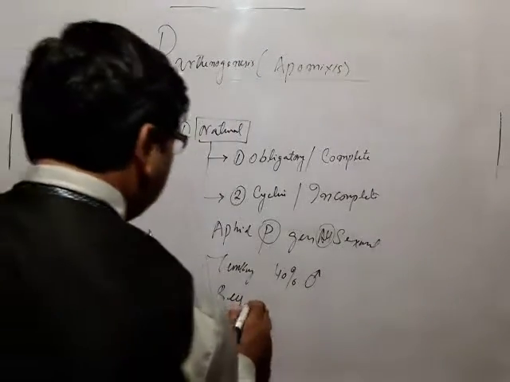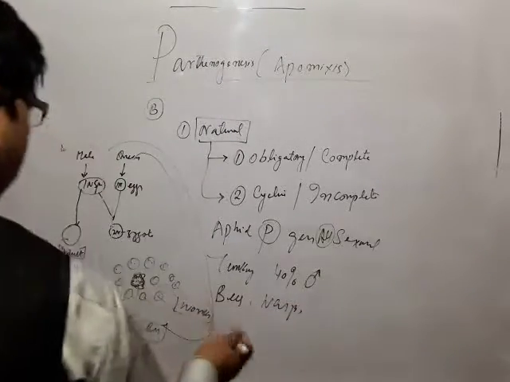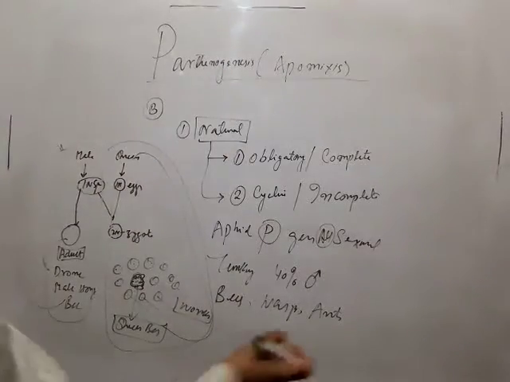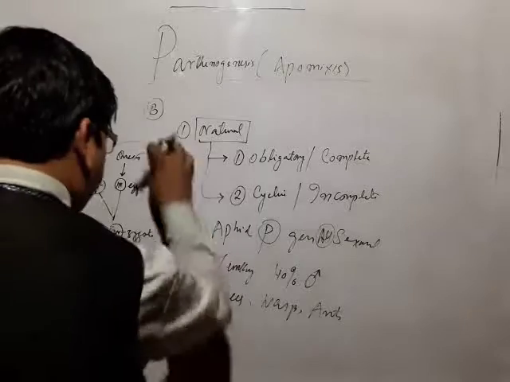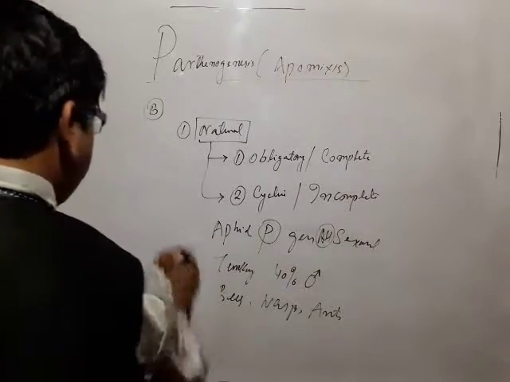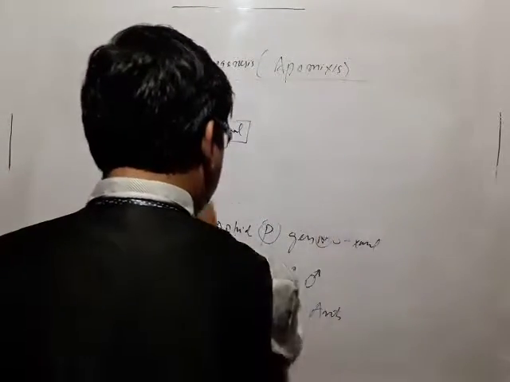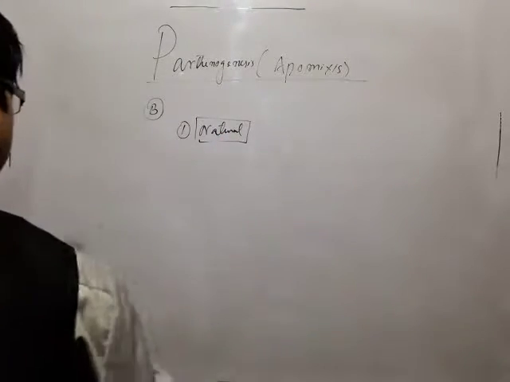The same case, a little different, occurs in wasps. It occurs in ants also, as you know. But one interesting case is in the gall fly, which is also part of this incomplete parthenogenesis.